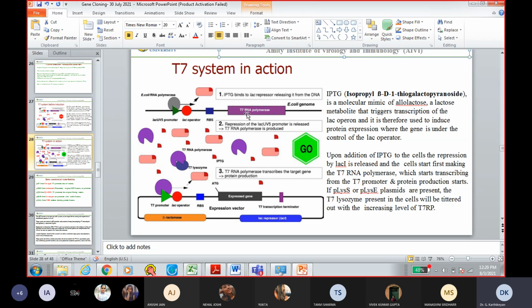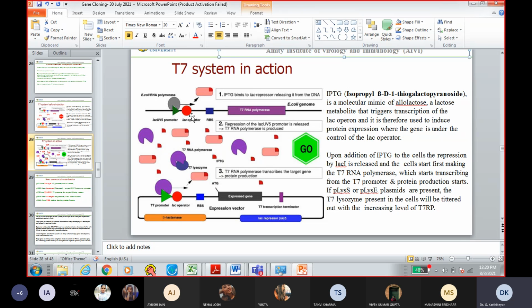Under normal circumstances, the E. coli RNA polymerase is not able to transcribe this T7 RNA polymerase gene because the repressor is binding upstream of it, and so it prevents the transcription. Okay, so E. coli RNA polymerase cannot transcribe the T7 RNA polymerase gene because of the presence of this repressor.